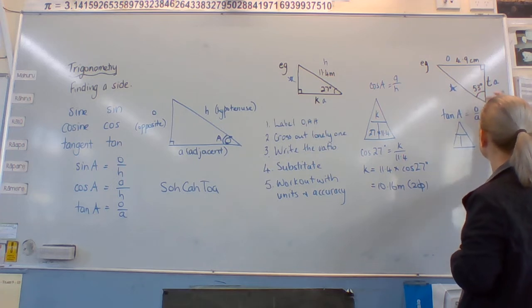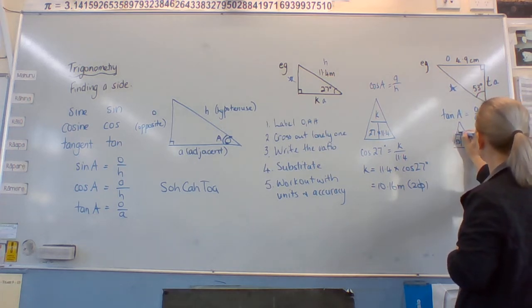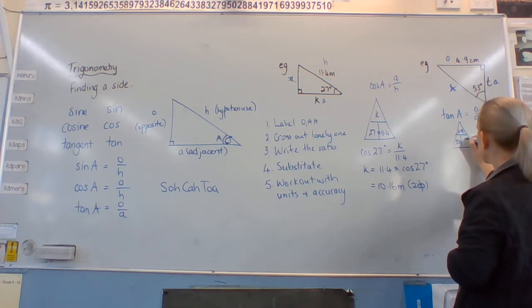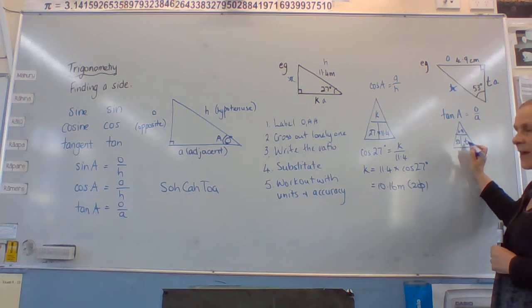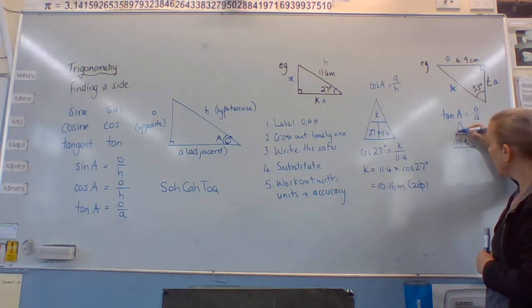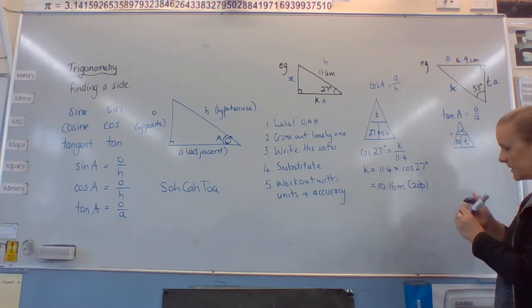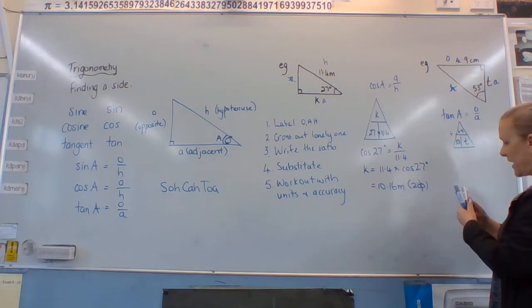So I've got the angle, which is 53, O, which is 4.9, and A, which is T. This time I don't have them next to each other. I have 4.9 over T. So I have to divide, because it's on top, and it's 4.9 divided by that.